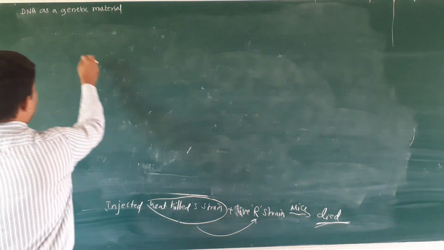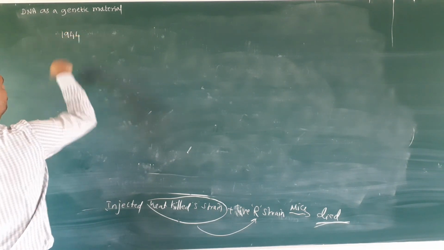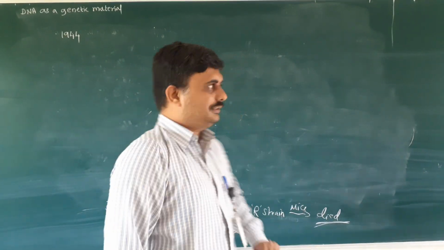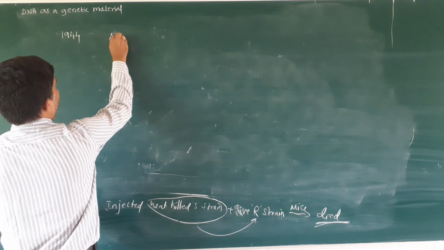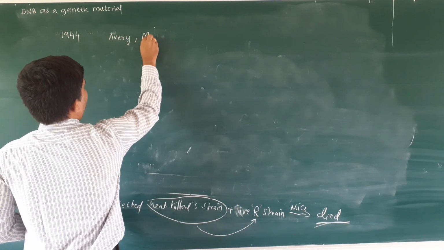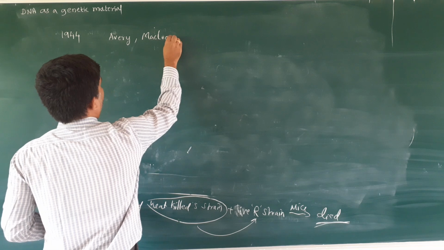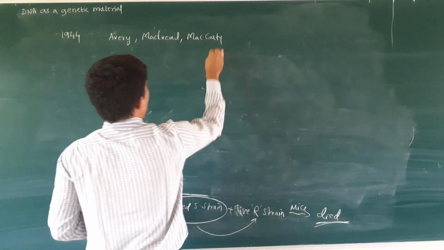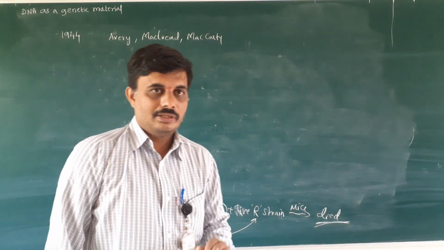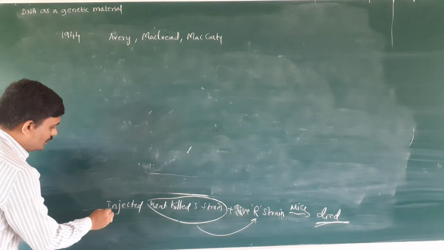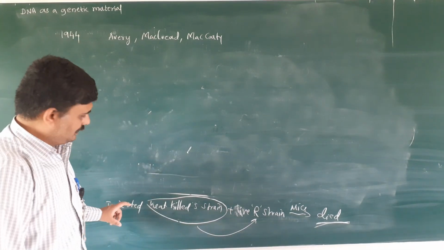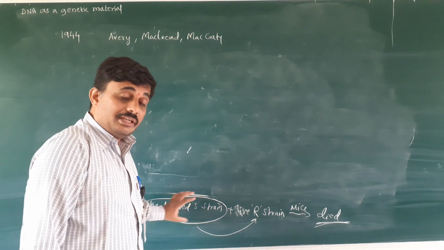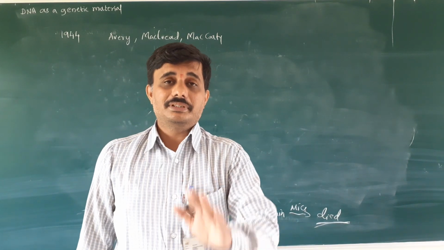In the year 1944, the three scientists Avery, McCoy, and McCarthy used the last step of the Griffith experiment. They said that DNA is the material.